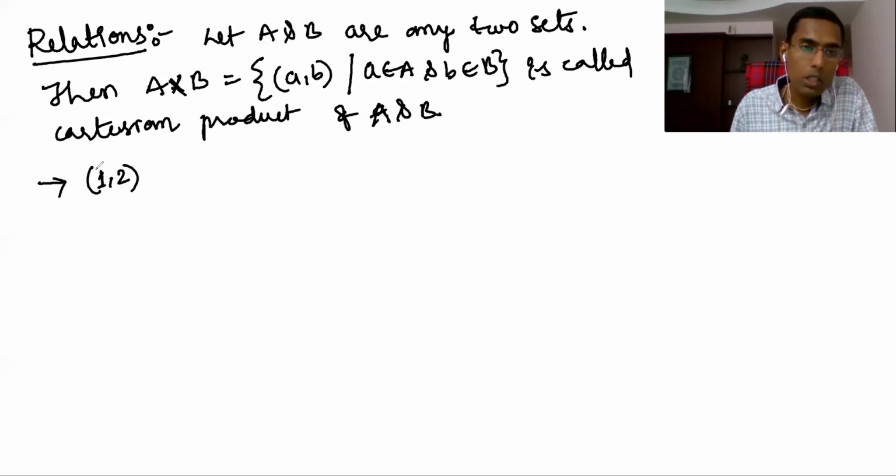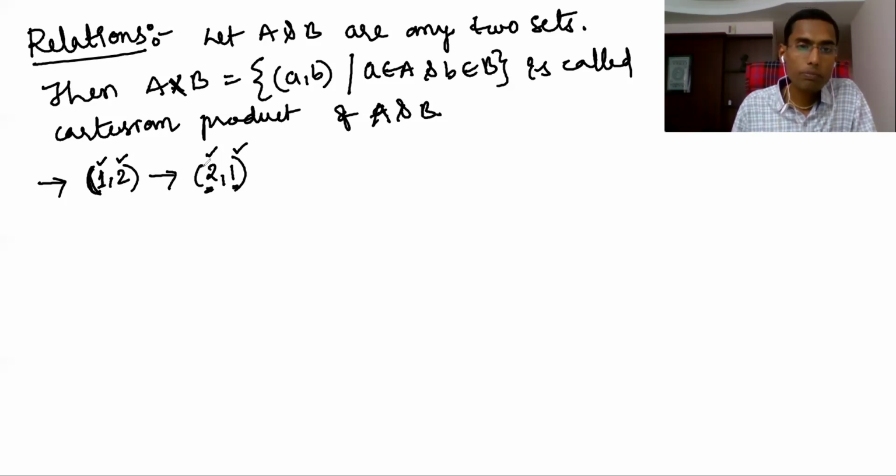If you change the order, (2, 1), the meaning is changed, because this is the x coordinate and this is the y coordinate. Ordered pair means two numbers in round brackets. Here order is important, because the first coordinate represents one thing and the second another. Therefore you cannot change the order.